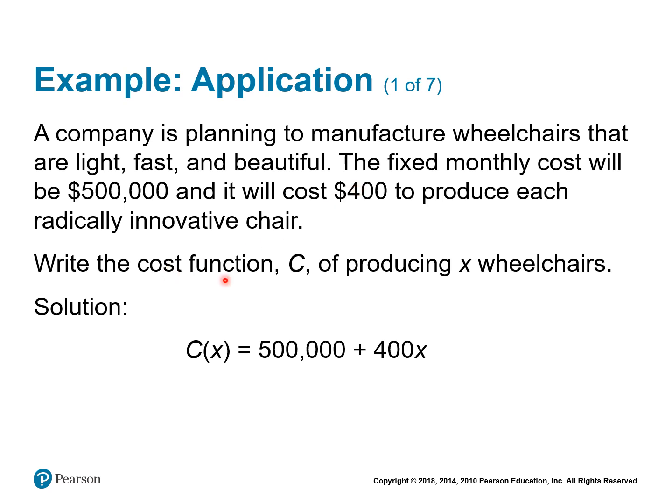So the cost function is going to be C of x, x being the number of wheelchairs produced, is equal to 500,000 plus 400 times x. So $400 per wheelchair, one wheelchair, $400, three wheelchairs, 3 times 400.